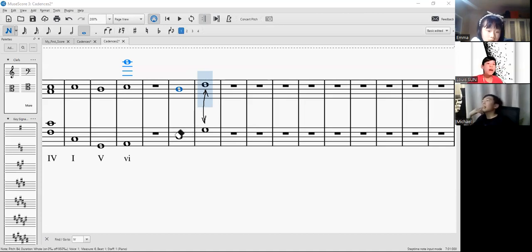I'm going to write down the exact technical definition for you in the chat. A hidden fifth or octave is when a fifth or octave, especially between the soprano and bass, is approached by a leap in similar motion.